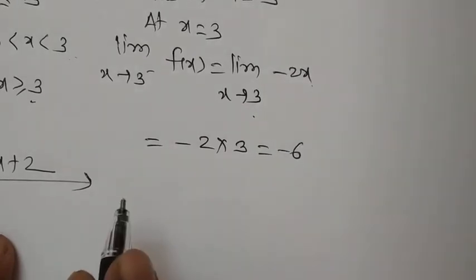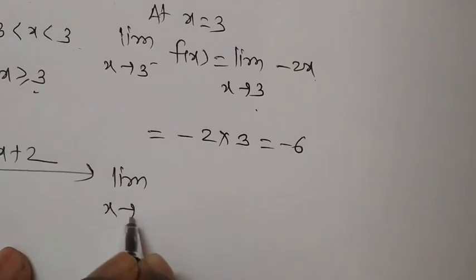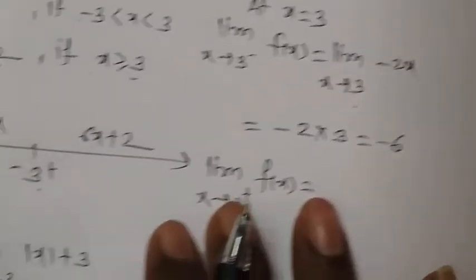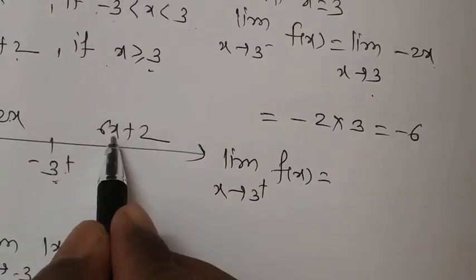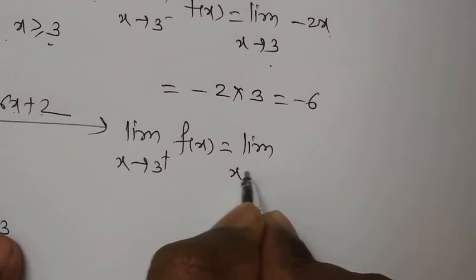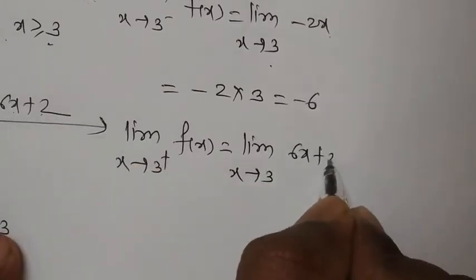The answer is minus 6. Now limit x tends to 3 plus f of x. For 3 plus, the answer is 6x plus 2. Then put limit x tends to 3 plus, 6x plus 2.